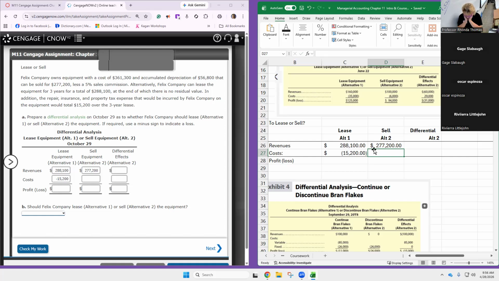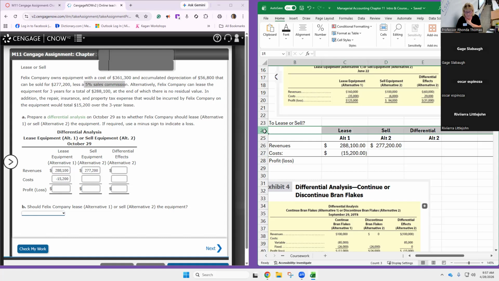Here is, if you own the equipment, the cost to us was 361,000. Oh, it's 5%. Okay. So we've got to go to this 5% thing here. 5% of what? 5% of the sale, correct? We've got to subtract that. If we're in the selling column, we need to take 5% of 277,200.